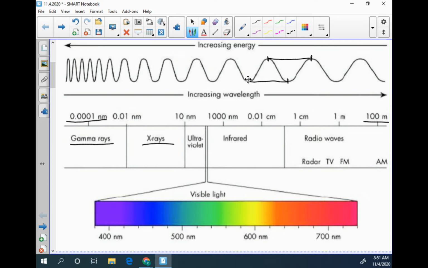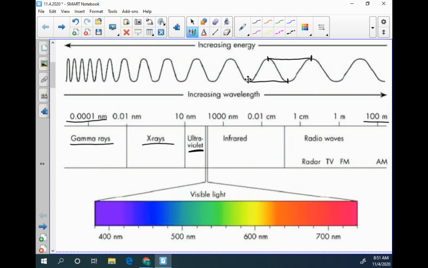The X-rays that travel through just the fleshy stuff will go right through, but the ones that hit your bones will bounce back, and when they bounce back, that is the image that we see. And then we have UV light, which is what we think of when we think about the light from the sun that is really, really damaging.